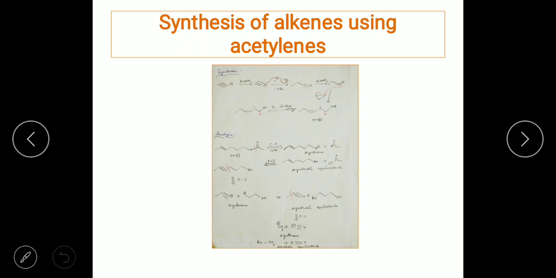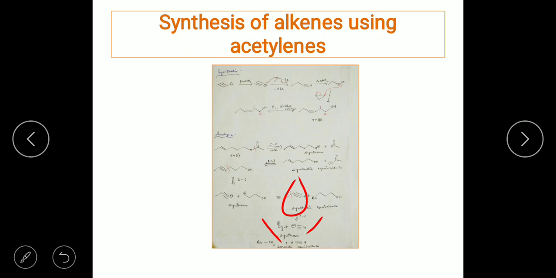Now you can see there is a propyne, and this can be further disconnected. That is, you disconnect the carbon bearing the triple bond from the adjacent carbon, and it gives rise to an acetylene anion and a methyl cation.